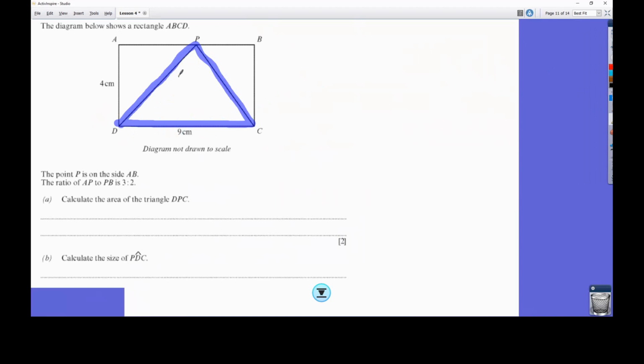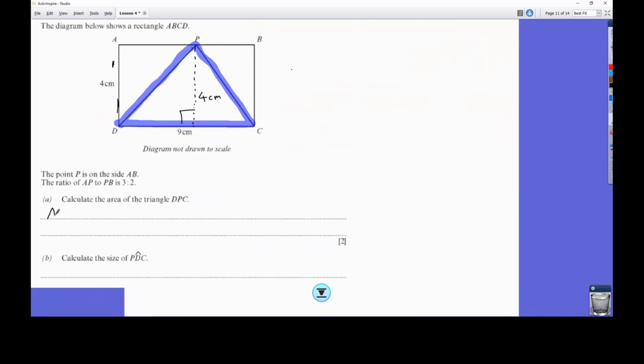Now, what is the height of this triangle? Well, it might not be immediately obvious, but you should notice that the perpendicular height is just going to be 4 centimeters. It's the same here because the triangle is contained exactly, in terms of vertices, within the rectangle. So the perpendicular height is 4 centimeters.